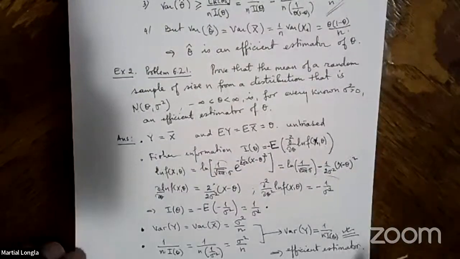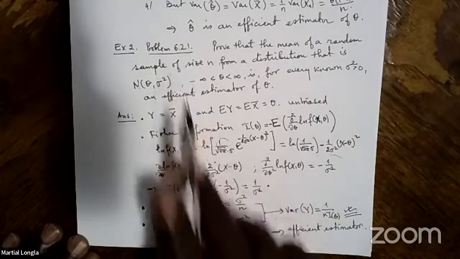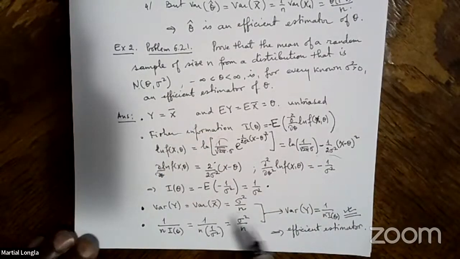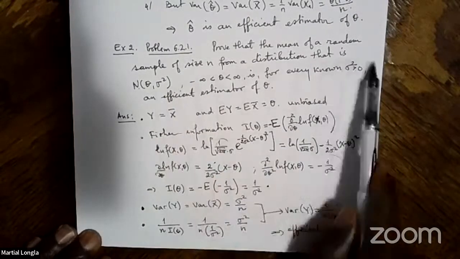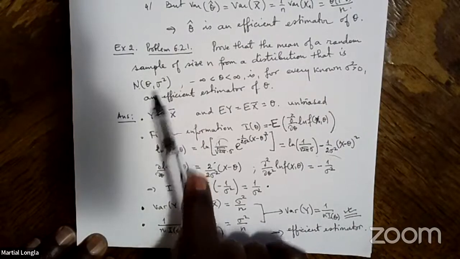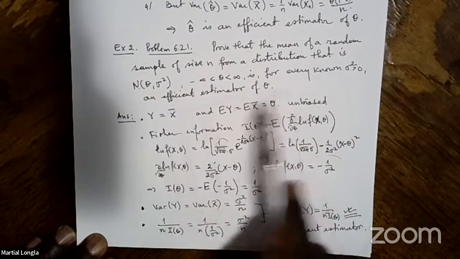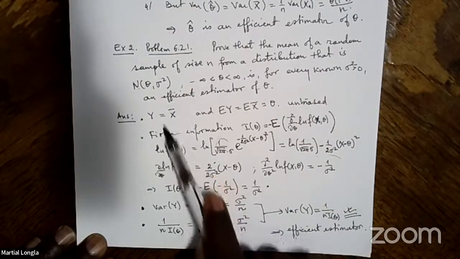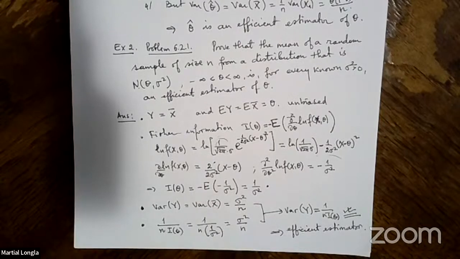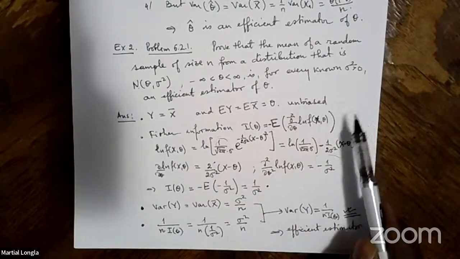And in problem number 2, which is problem 6.2.1 of your book, you have a random sample from the normal distribution with fixed known variance. The question is to show that X bar is an efficient estimator of theta. The expected value is theta, so it's unbiased.